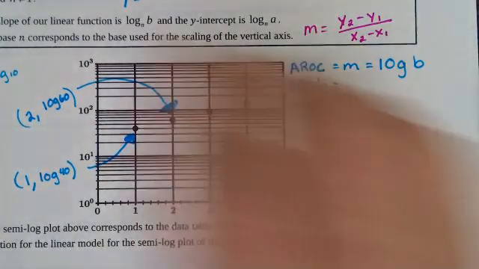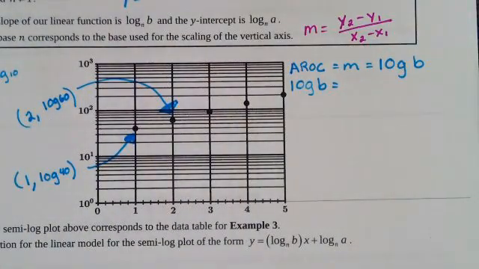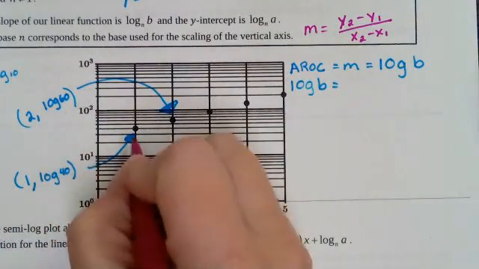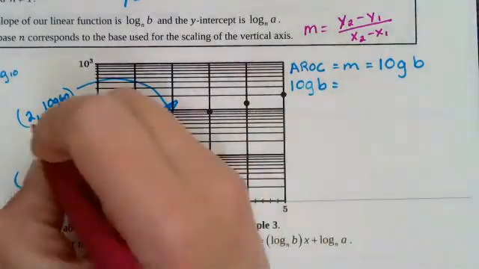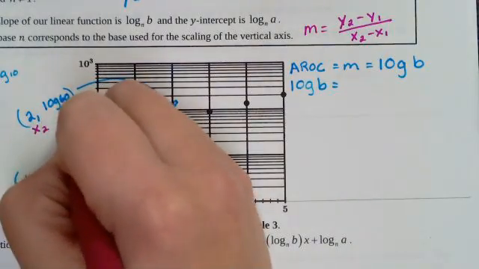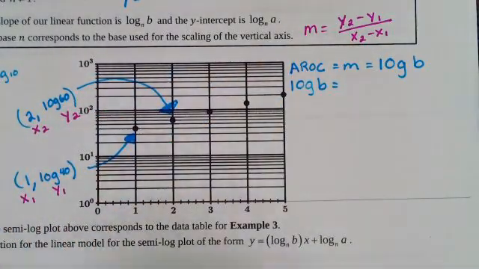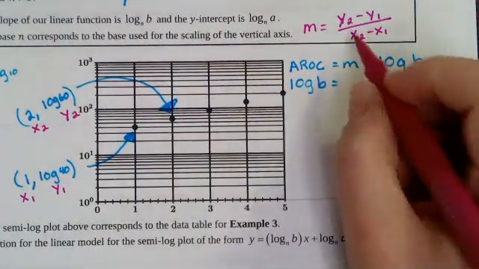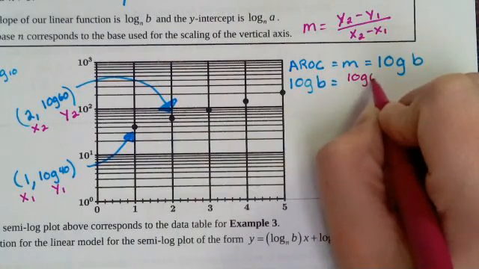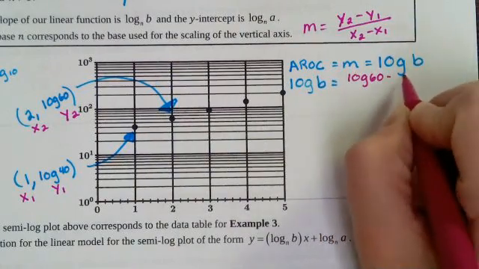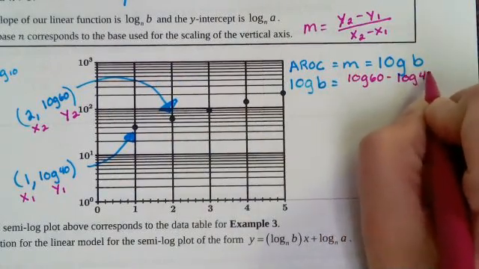So when I use my x1, y1, x2, y2, I'm going to use the logs as your y values. This was my first point, so this is x1 and y1, and then x2 and y2. And we're going to plug those numbers into your slope formula. All right, so we're going to take log of 60 minus log of 40.